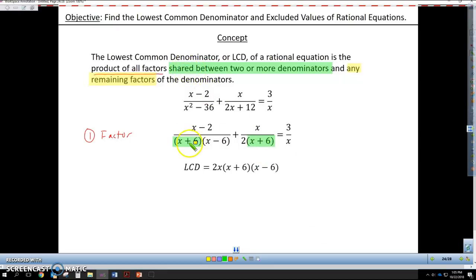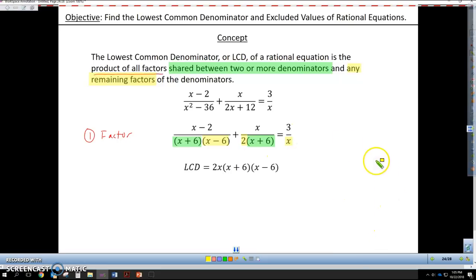X plus 6, this is shared. Now, I also have other factors, but notice x minus 6, that's not shared with 2 or x. 2, that's not shared with x minus 6 or the x over here, and then the x, that's not a factor that's present in either of these expressions.